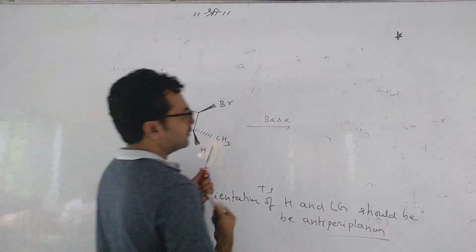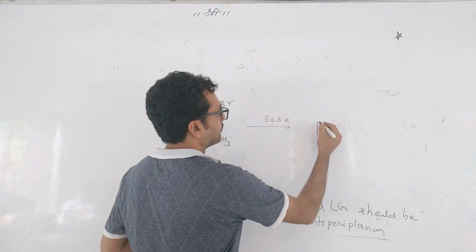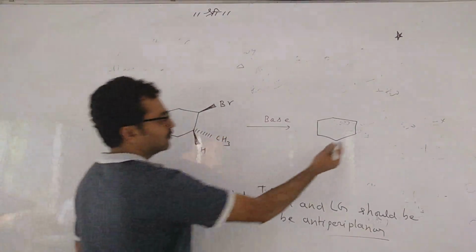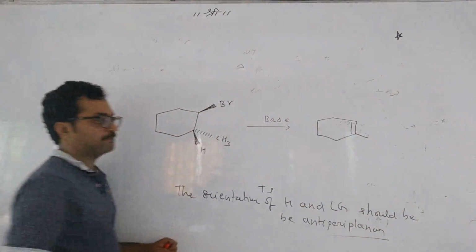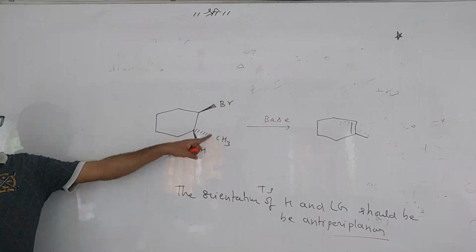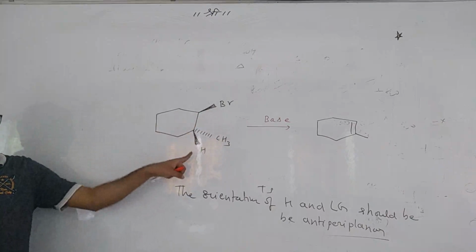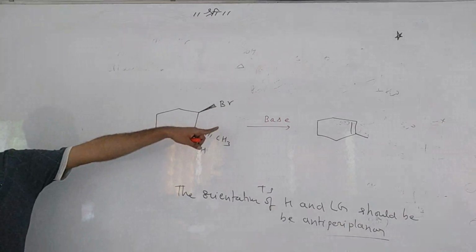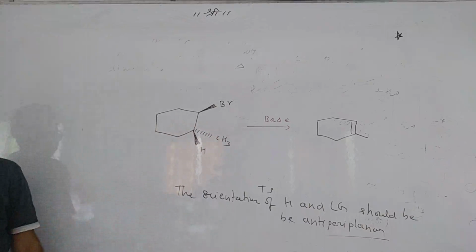So we may think that this will come. Why? Because Br is here, here H will be removed, so I will get a double bond here. Br I am eliminating and H I am eliminating. How many substitutions are there? 3 substitutions. Very good.